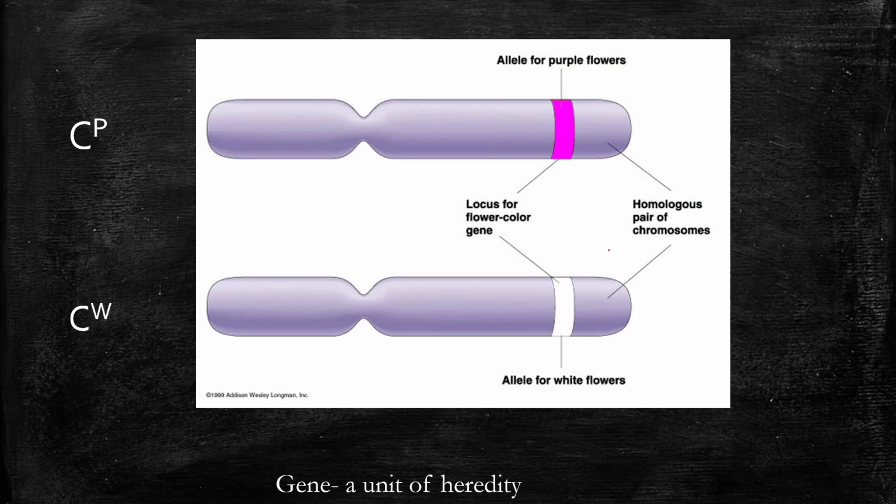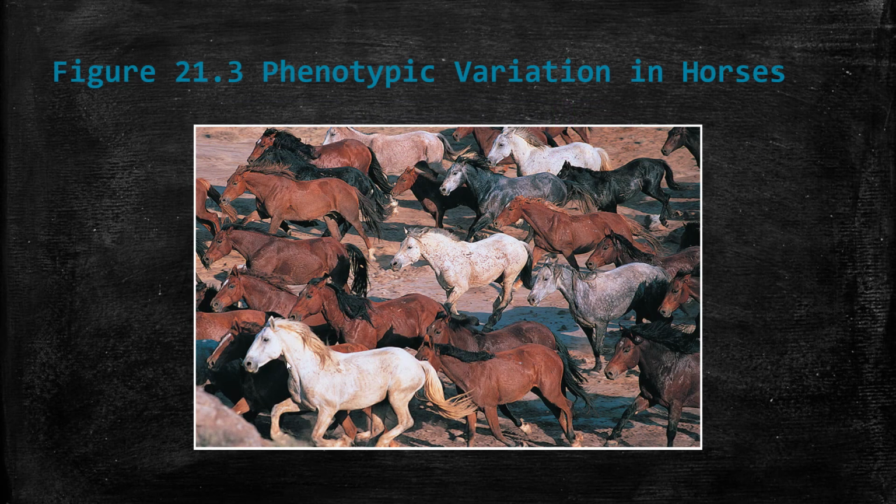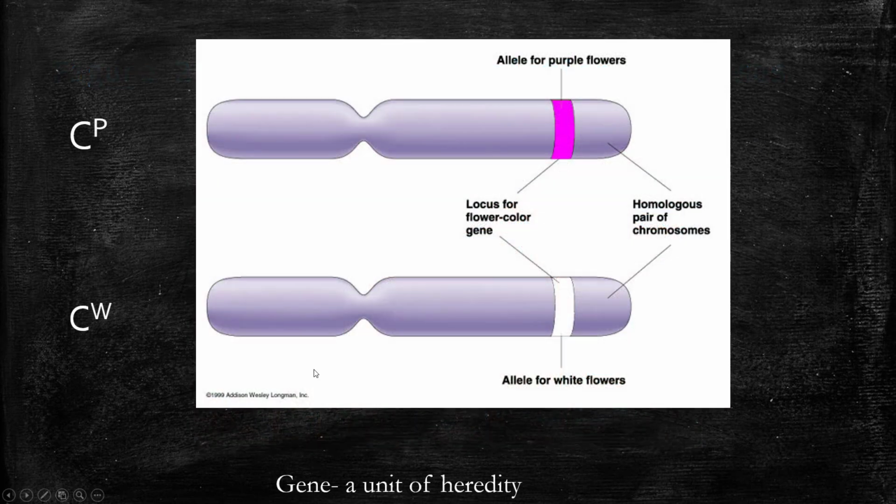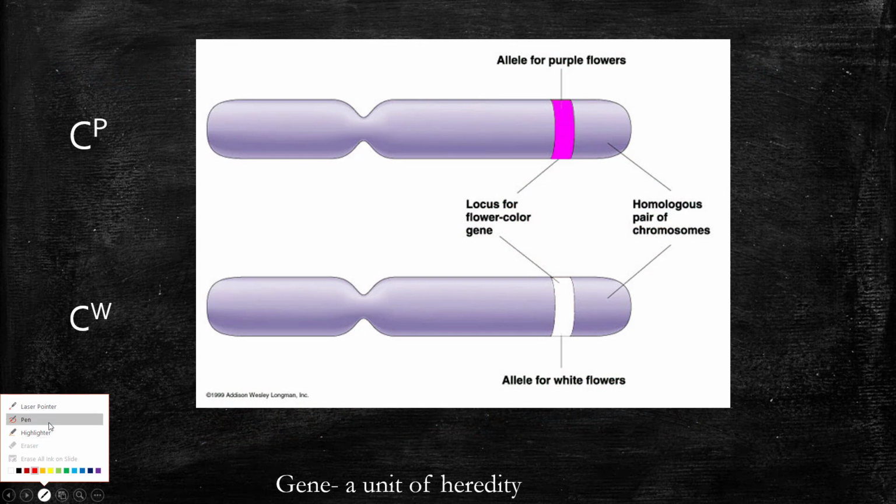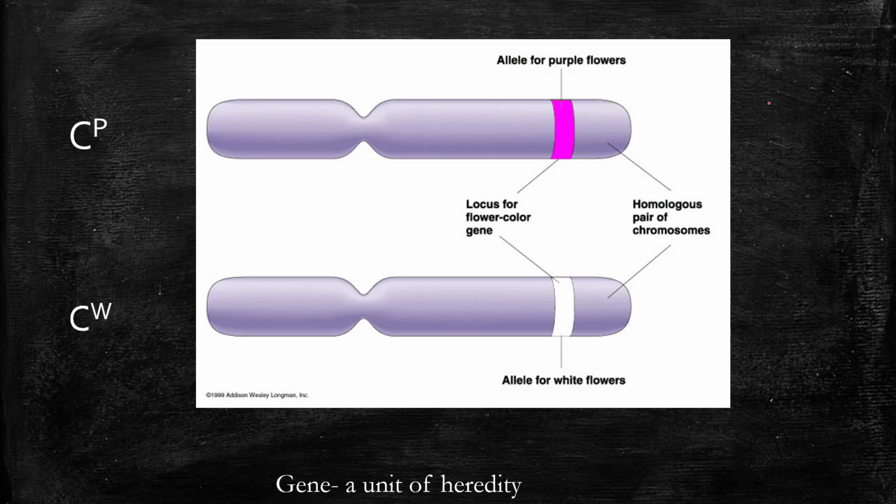So we have a gene, which is a unit of heredity, in this case flower color, and then alleles, which are versions of that gene. For our examples in this chapter, we are going to use codominant alleles, something you'll learn more about in genetics class. These are codominant alleles. They can both show up.